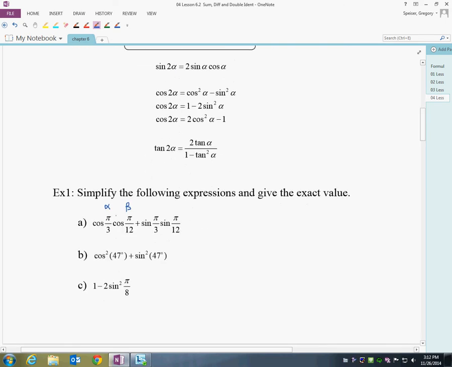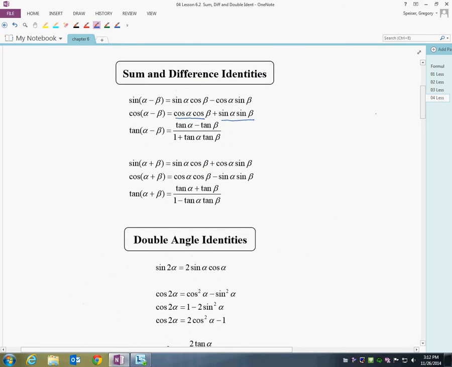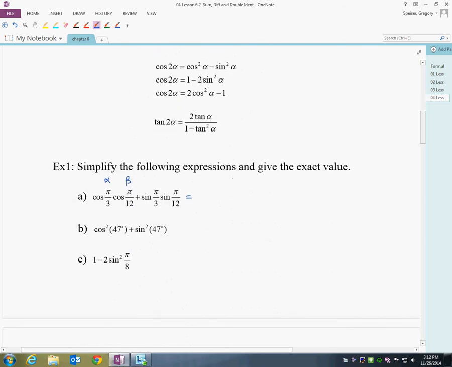So in other words, which one was it? It was the cos difference. So it's cos of alpha minus beta. It's going to be equal to the cos of alpha, which is pi over 3, minus the beta, which was pi over 12. What is pi over 3 minus pi over 12?